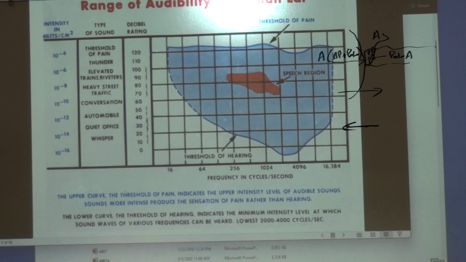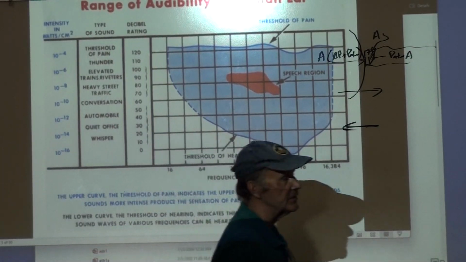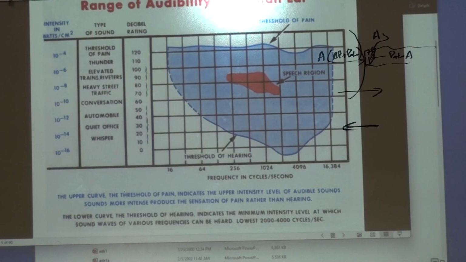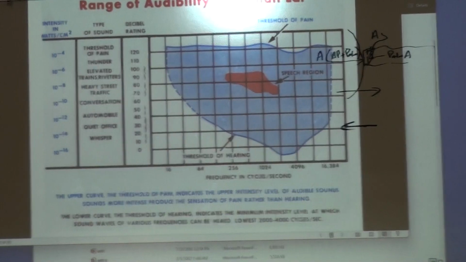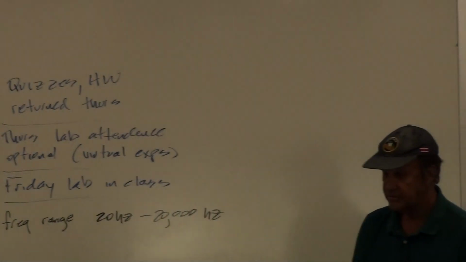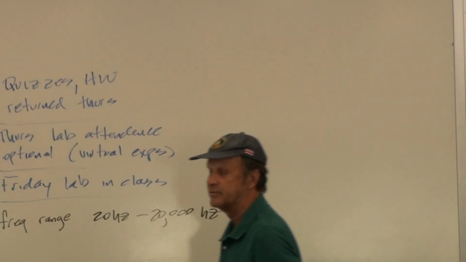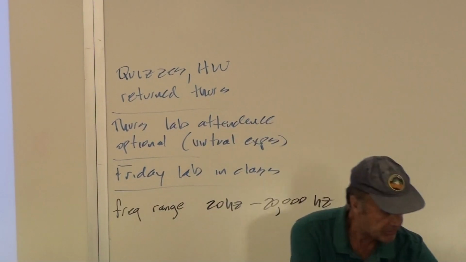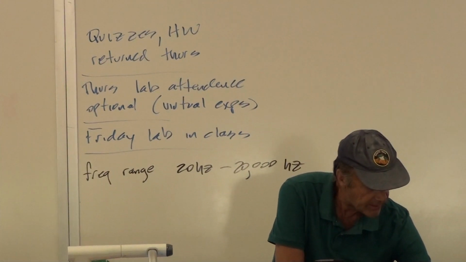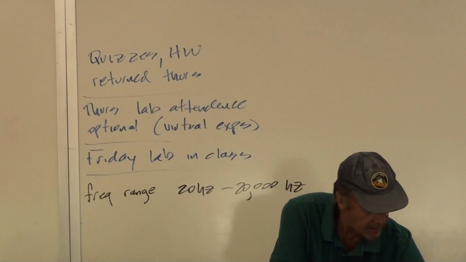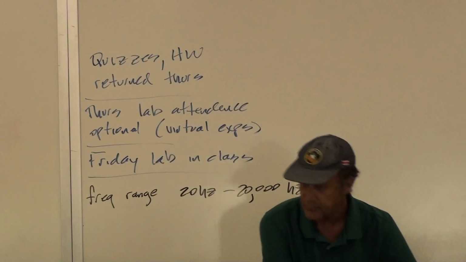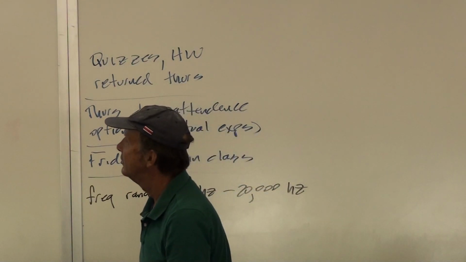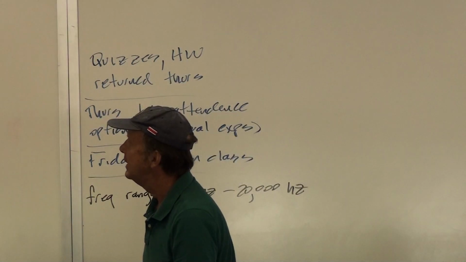And so what I wanted to do here in this first example is to show you how sensitive the human ear is to vibrations. And so we can do that with the handout that you may have already gotten. I'm just going to go over that here with you.